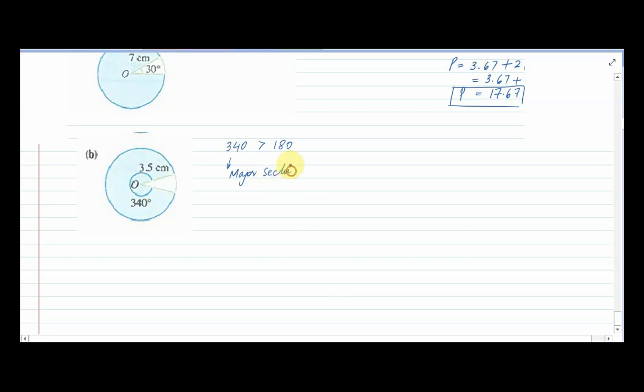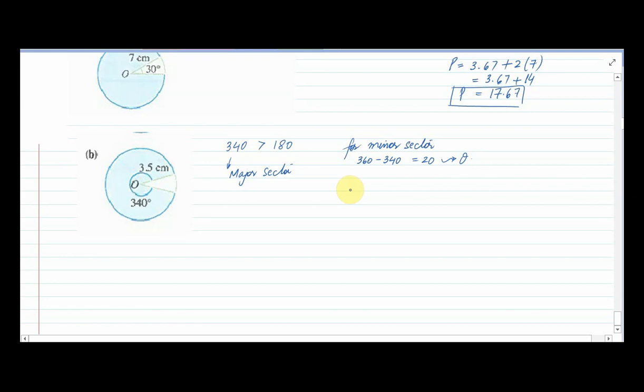So for minor sector, what should we do? We should subtract 340 from 360, and that is equal to 20. That is our required angle for minor sector, right?